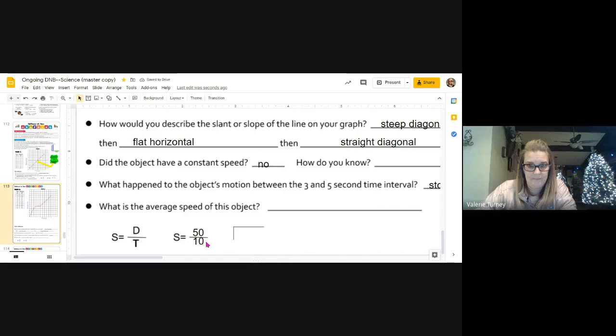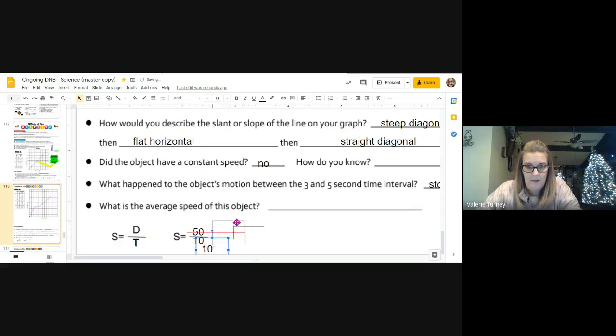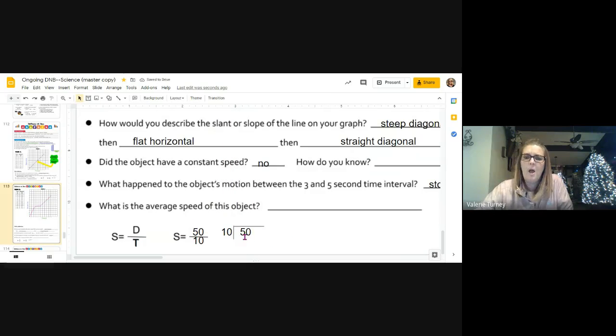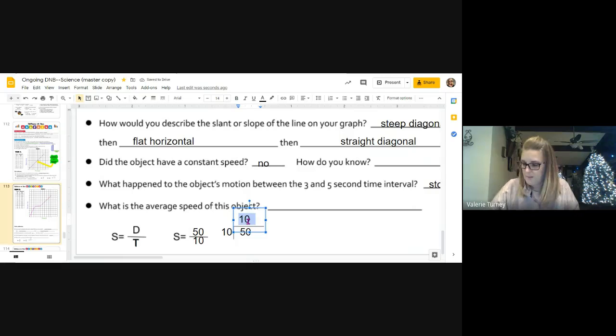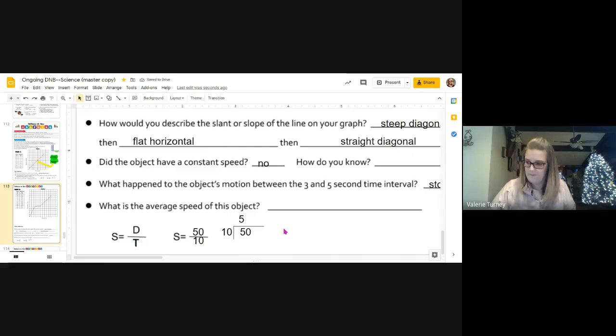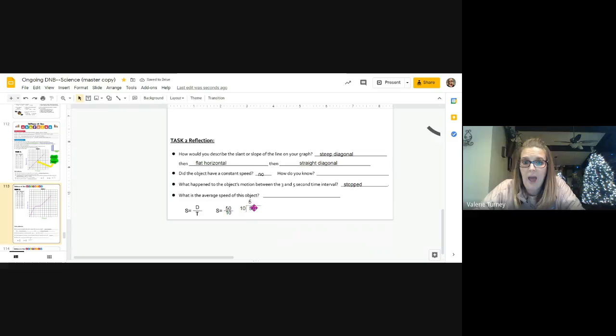Distance divided by time. Time goes there, distance goes on the inside. I had several students who got this confused last time. What is 50 divided by 10? 50 divided by 10 is 5. So what was their average speed? The average speed was 5.